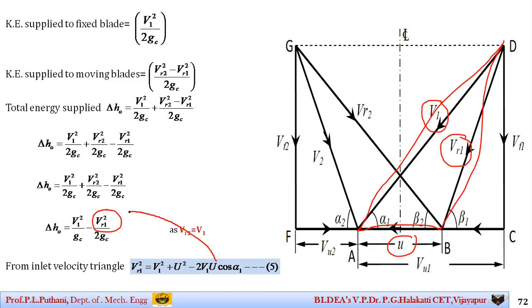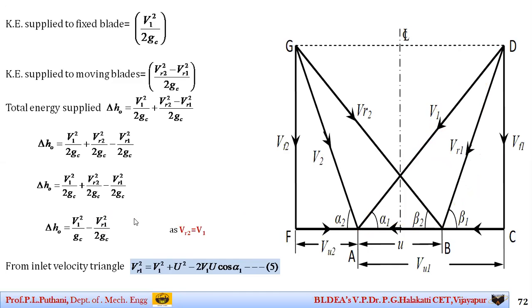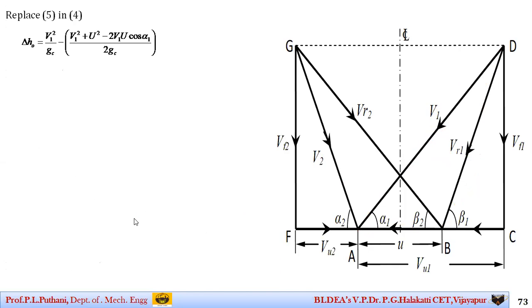I will substitute this value in this equation. On substitution, what do I get here, students? I get v1 square by gc minus, within brackets, v1 square plus u square minus 2 v1 u cos alpha 1, all by 2gc. On simplification it gets into this particular form.